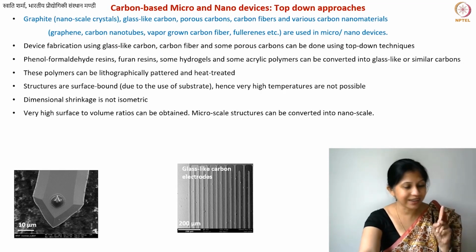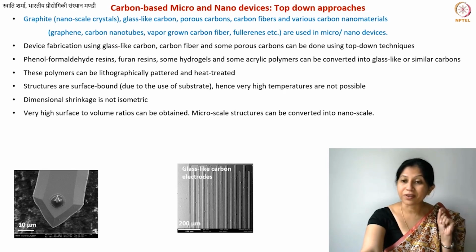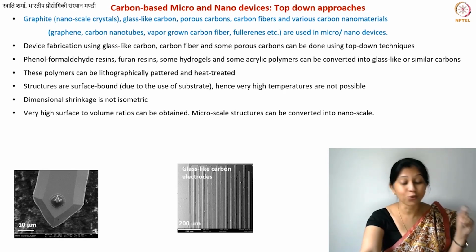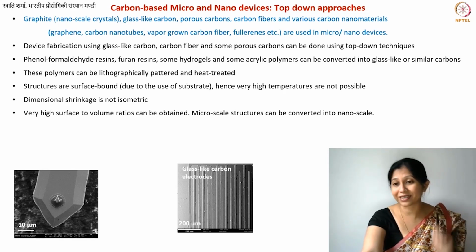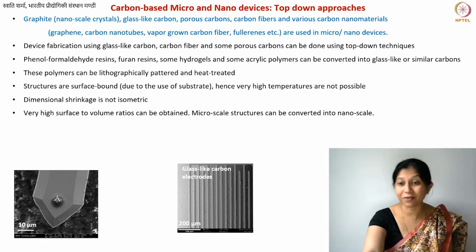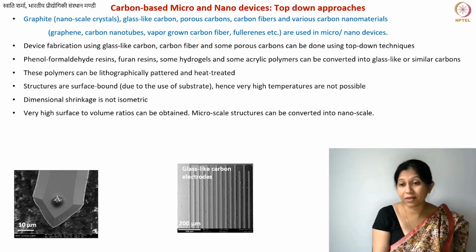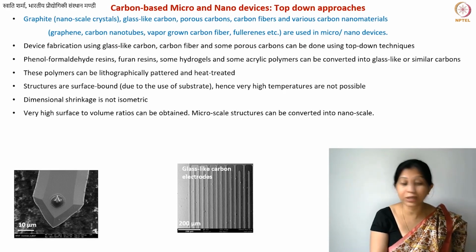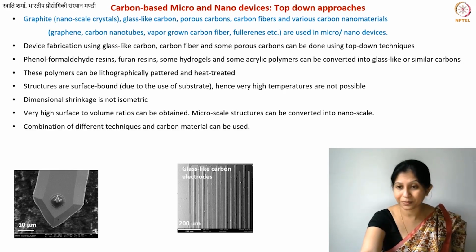One interesting thing is that now we can use carbonization as a tool for converting microscale structures into nanoscale. If our fabrication technique can only give us microscale structures, still, because we can utilize the dimensional shrinkage, we can actually convert microscale structures into nanoscale. Why would we do that? To further increase its sensitivity or further increase the surface area.